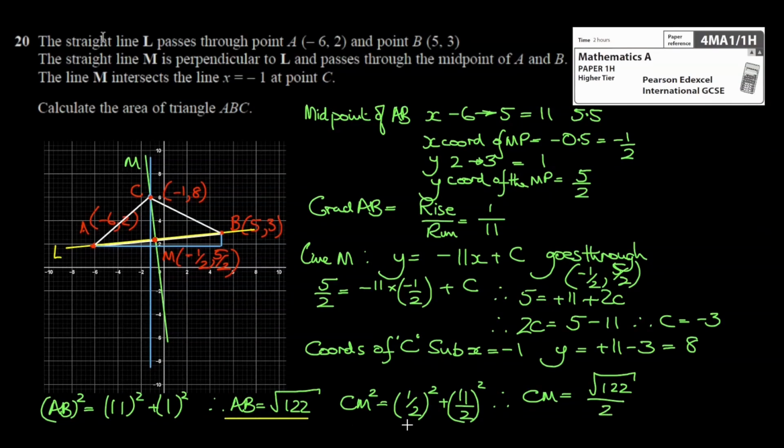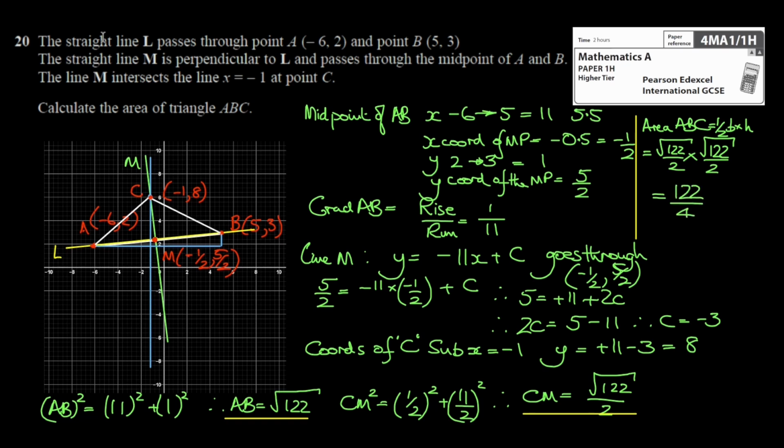So these are the two bits of the triangle we now need. So with further apologies for the space, come up here, area ABC is equal to half the base times the height, which is the root of 122, multiplied by the height, which is the square root of 122 over 2, which turns into 122 over 4, which is equal to 30.5.